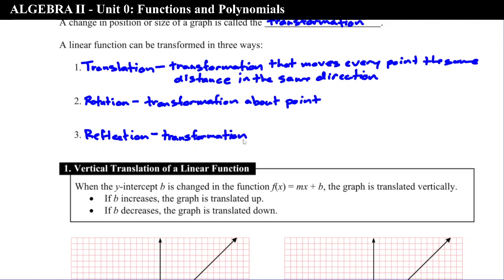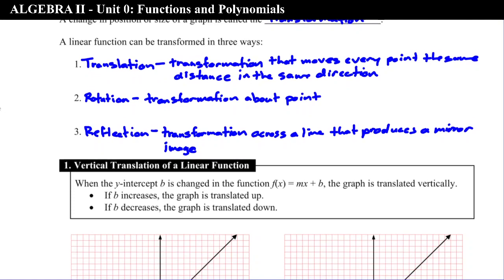A reflection is a transformation across a line that produces a mirror image. Okay? So let's talk about all three of these in a little bit more detail.